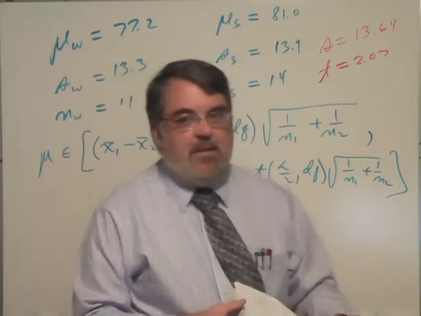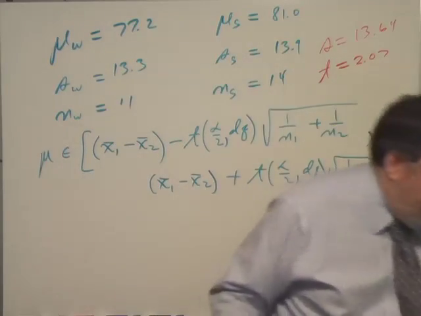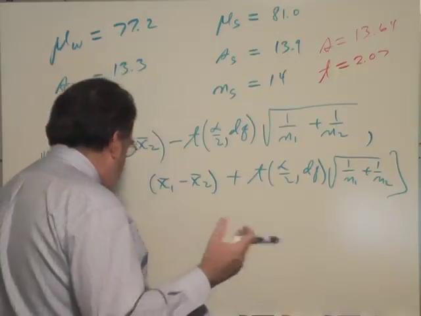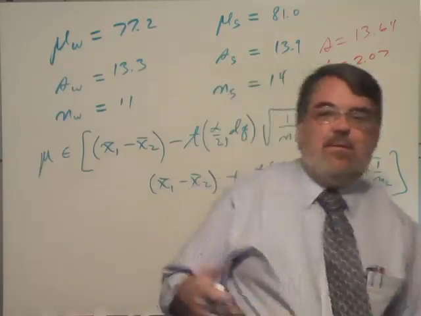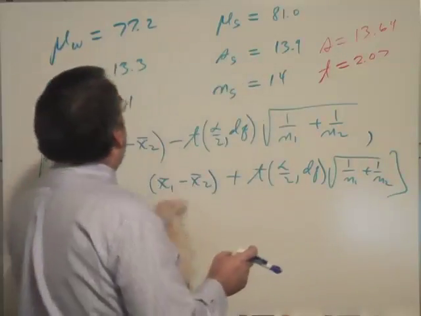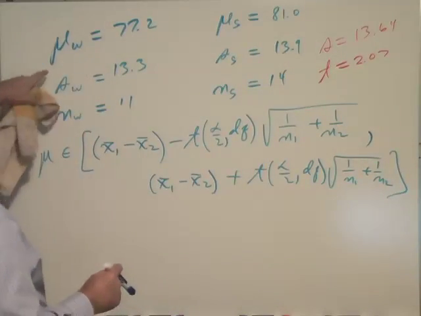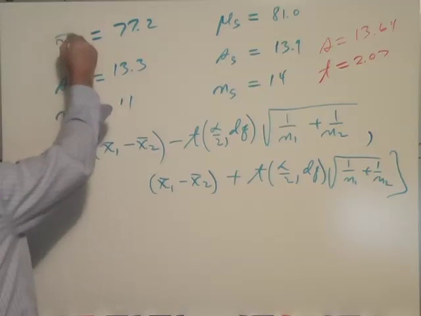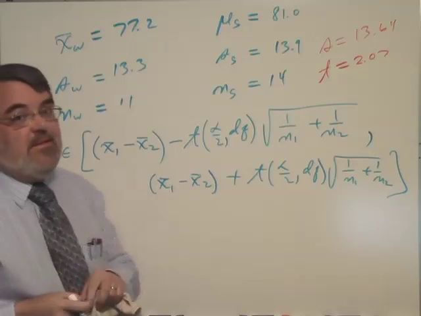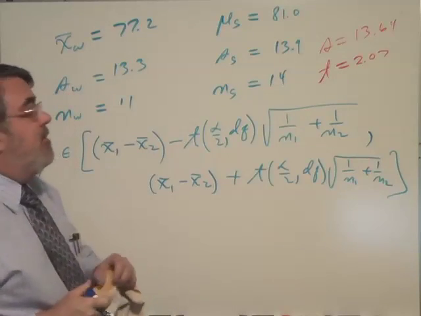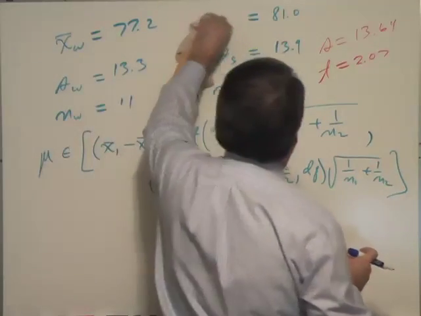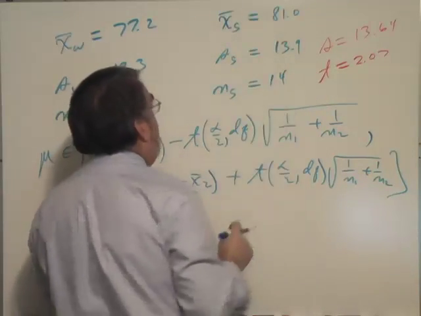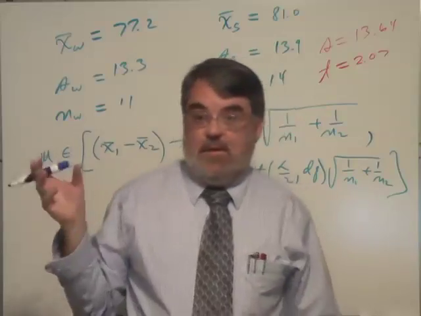Alright, I just noticed something, and I don't want to go back and re-record this video on this point. I noticed that for some silly reason I used Greek letter mu's up here, so I hope you caught that. Mu w is supposed to be x bar w, the sample mean for winter, and mu s should have been x bar s for the mean for the summer class.